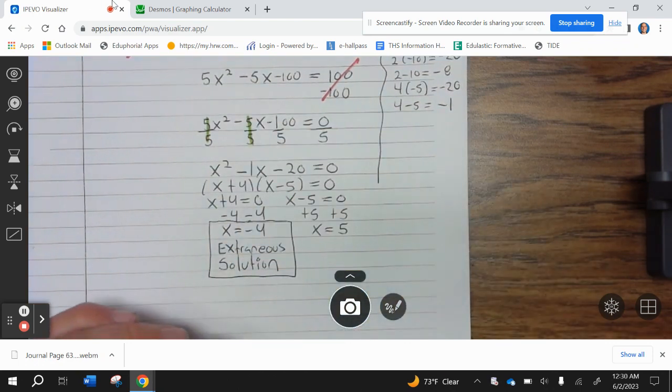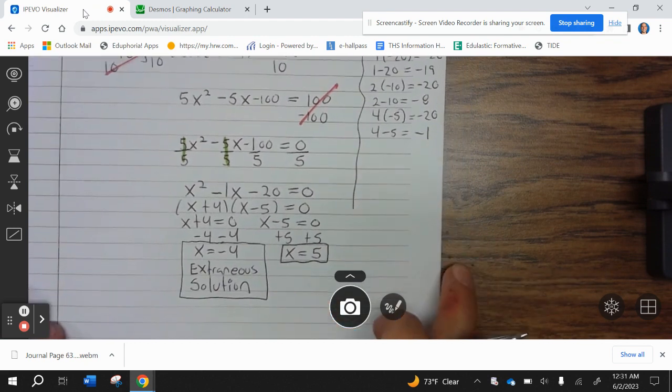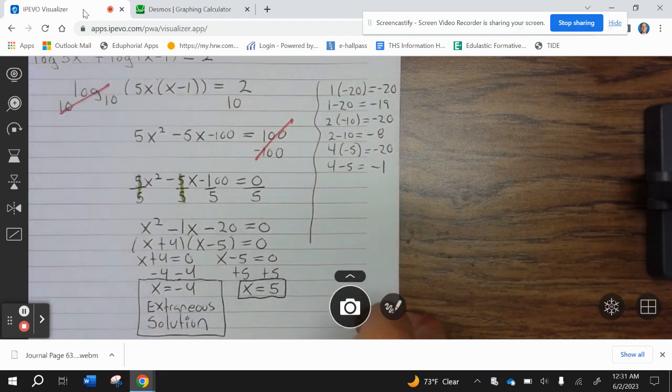Okay, now let's check 5. So 5 times 5 plus log of 5 minus 1 equals 2, so that checks out. That's a solution. Okay, go ahead and finish that up.